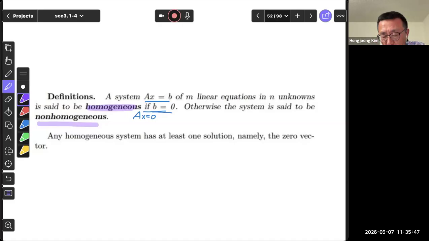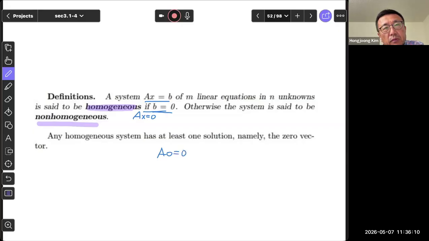Now, a homogeneous system always has a solution, because the zero vector when multiplied by a matrix will become 0. So A times 0 is 0, right?